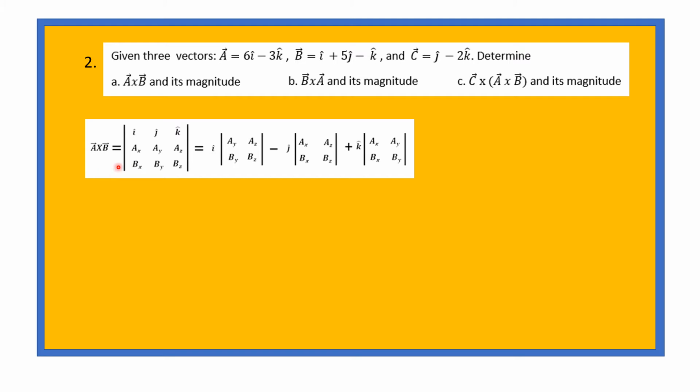On top, we have i hat, j hat, and k hat, followed by the components of A, because it is A cross B. So we begin with A: the components are AX, AY, and AZ. Then followed by vector B, we have BX, BY, and BZ.